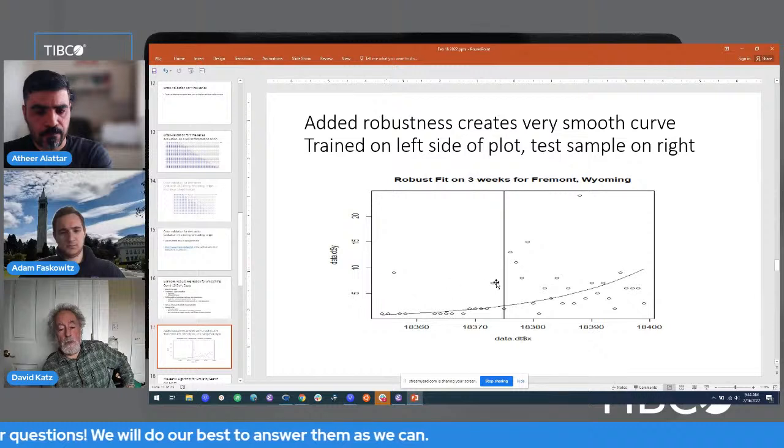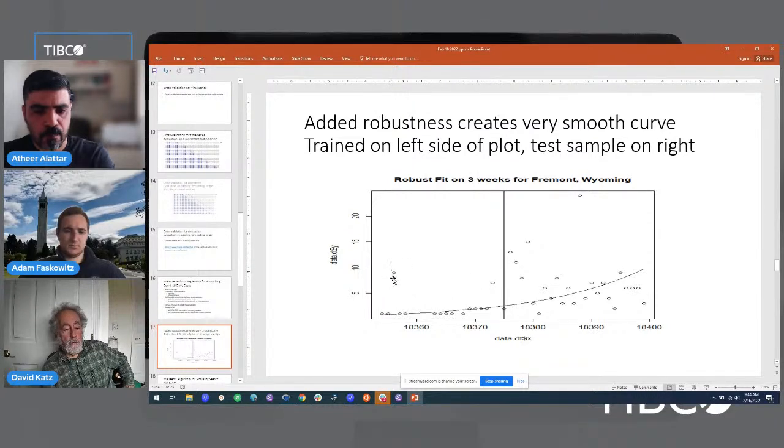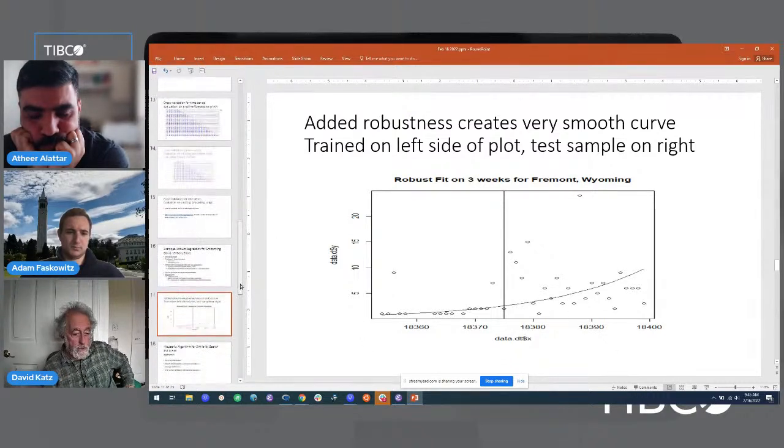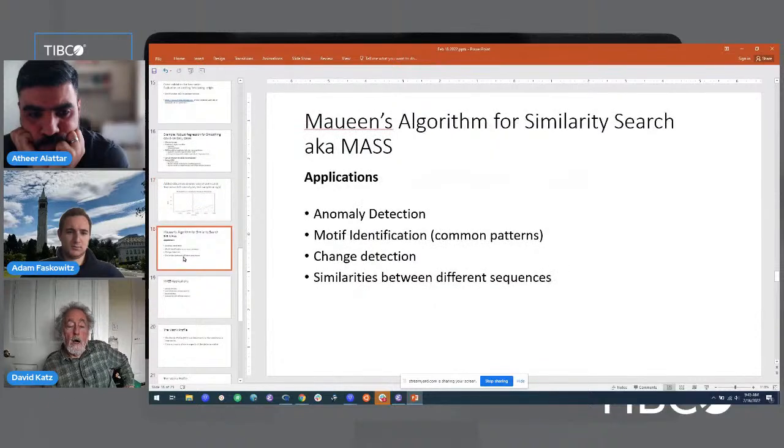The robustness helped us with these points, which are likely from reporting anomalies where they maybe don't report everything each day, but end up aggregating them and catching up after a while. But it was actually possible to get a fairly good prediction, and as the number of cases increased, this proved to be within the calculated confidence interval. So that was kind of satisfying even in a bad situation.